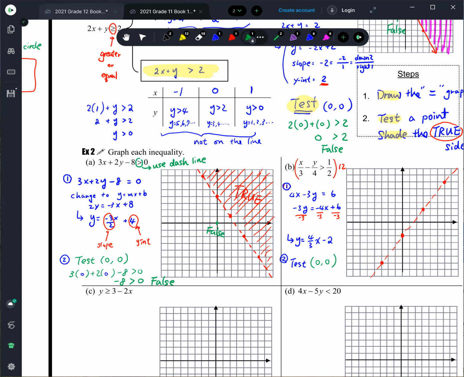Okay, if you finish the shading, you can raise your hand. Okay, test 0, 0. Is it true or false?